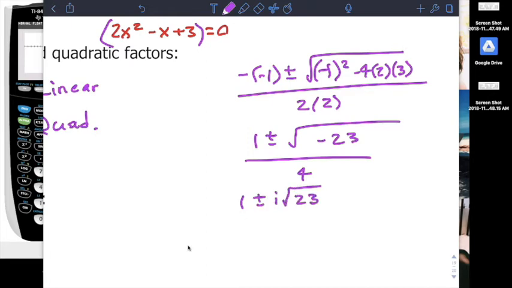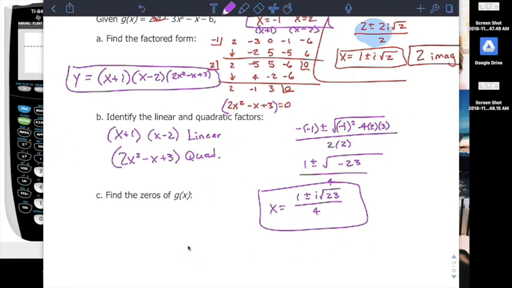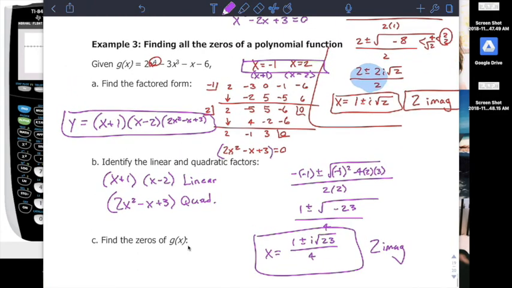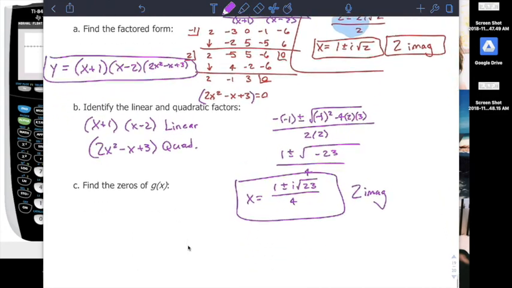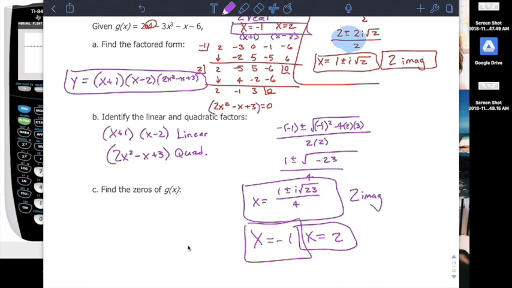So that'd be 1 plus or minus i root 23 all over 4. And then there you go right there. So that would be 2 of your imaginary solutions. And then your 2 real are up here at the top. And those are all of your solutions there. I guess you can bring down the negative 1 and the x equals 2 down here as well. And that is it here for your lesson.